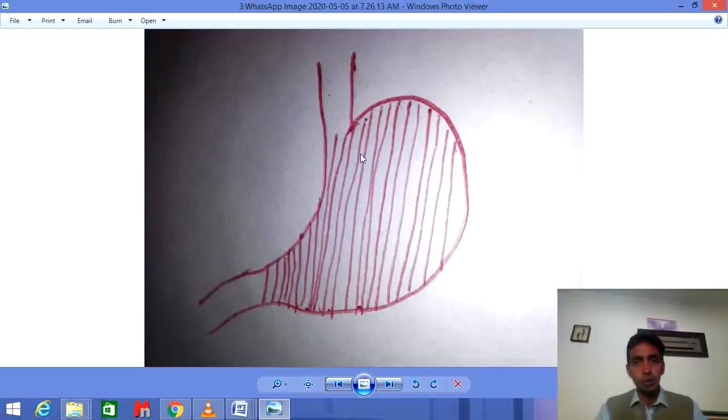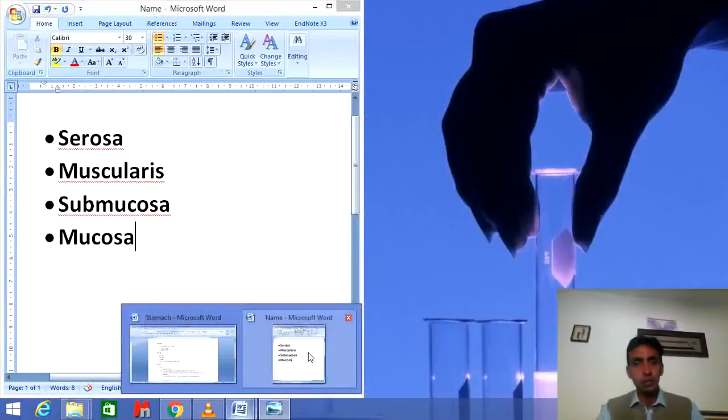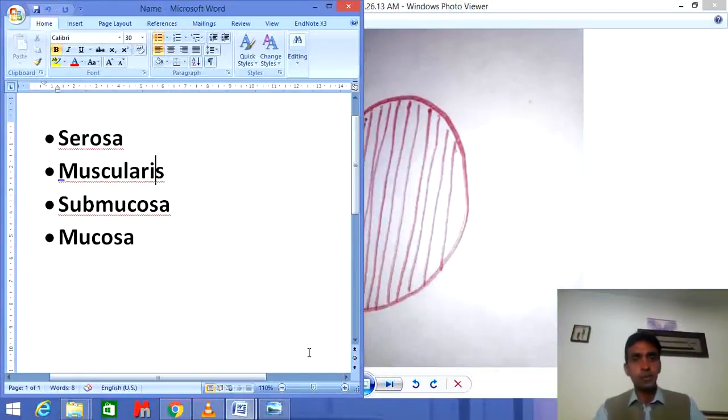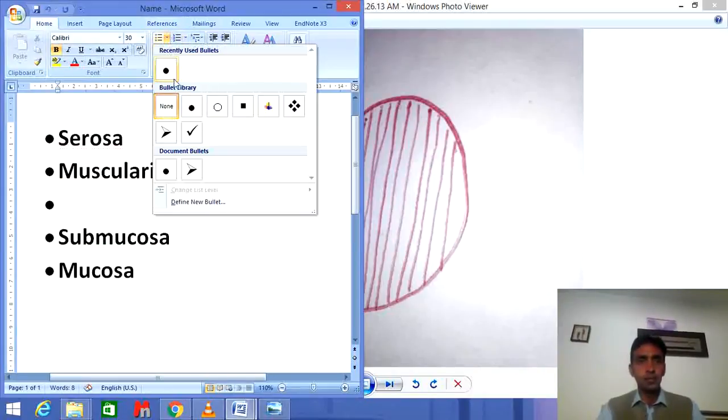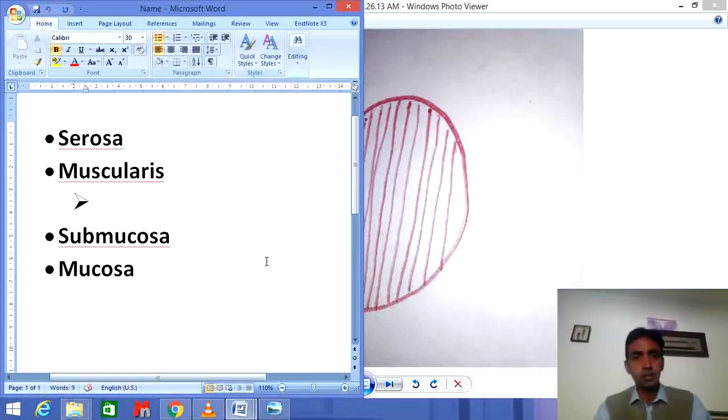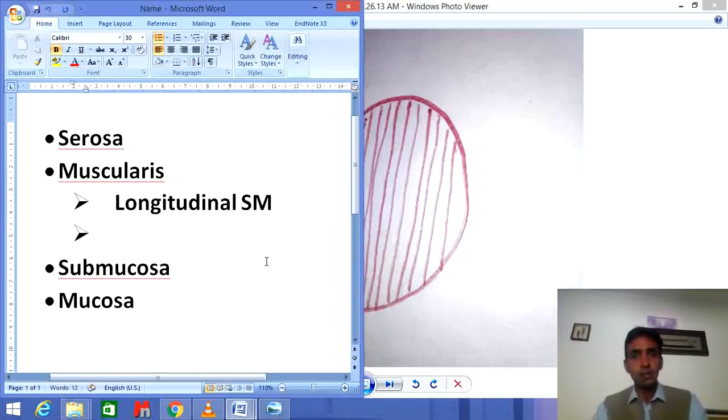The first type of smooth muscle is this one, the longitudinal smooth muscle. The muscularis is made up of longitudinal smooth muscle.